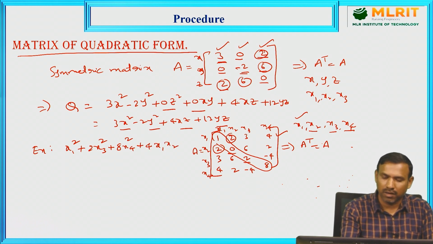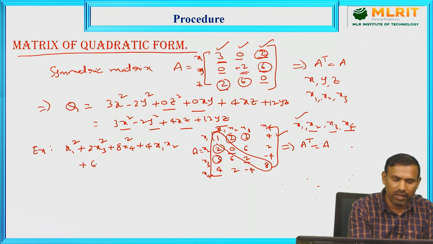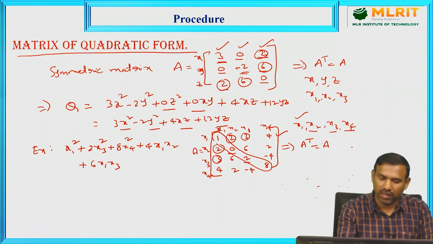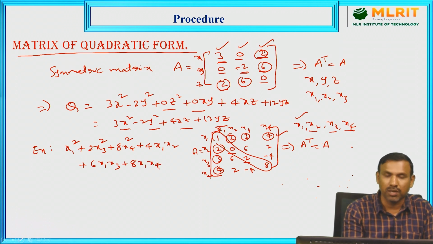Next third, this is x1, x3 here and here, that is 3 plus 3, 6, 6 x1 x3. Next here 4, here 4, 4 plus 4, 8. Which element? That is x1 and x4, 8 x1 x4 combination.